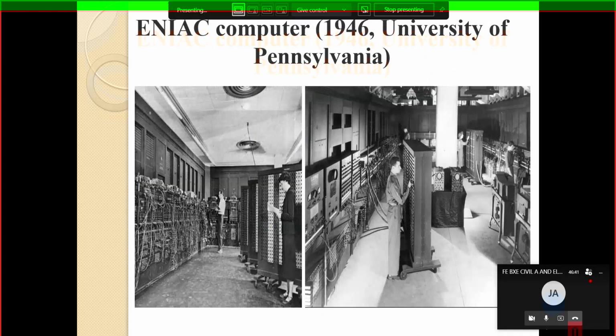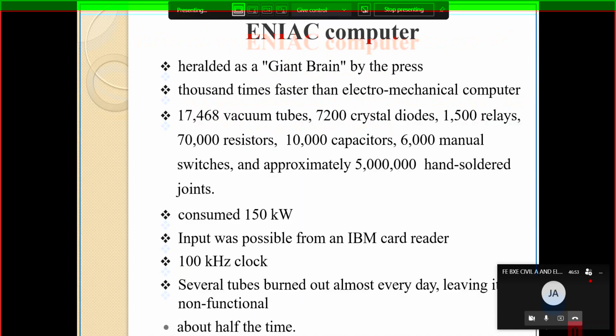This technology was in the computer at the University of Pennsylvania in 1946. The central processing unit had 17,000 vacuum tubes, 7,000 crystal oscillators, 1,500 relays, 70,000 resistors, 10,000 capacitors, as well as 6,000 manual switches.